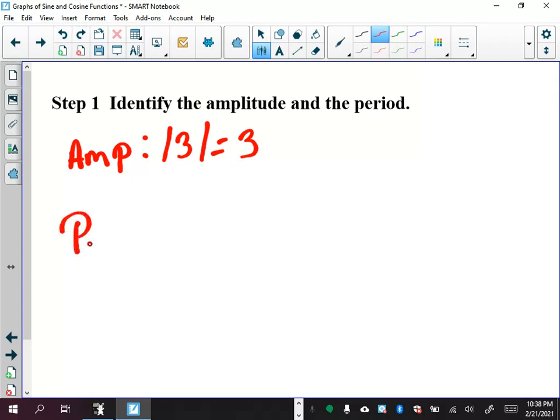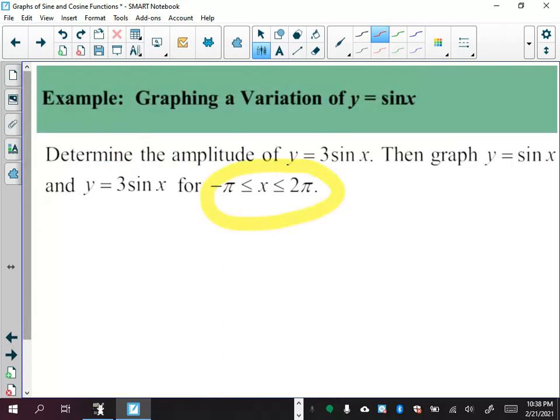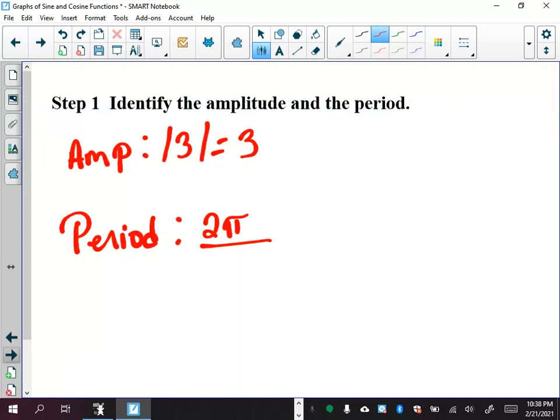And then my period, how far am I going in the case of this one? It's going to be 2 pi over your b. So if you notice right here that we have 3 sine of x, well, remember there's an imaginary 1 sitting here for this one. So I'm 2 pi over 1, which is simply 2 pi. So I've got my amplitude and I've got my period, so that's a good thing.